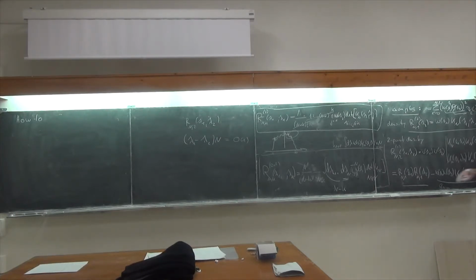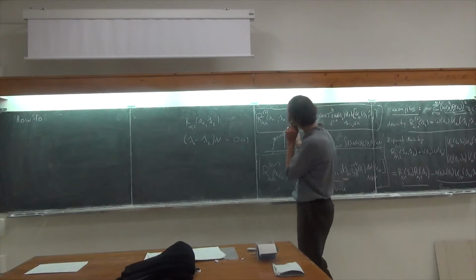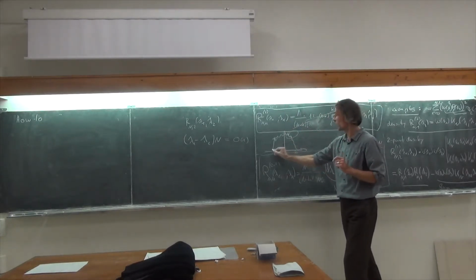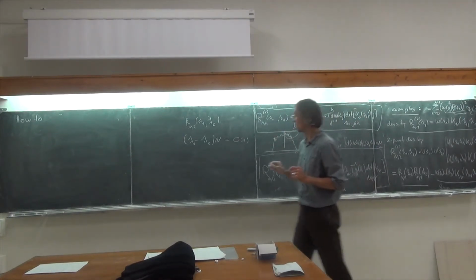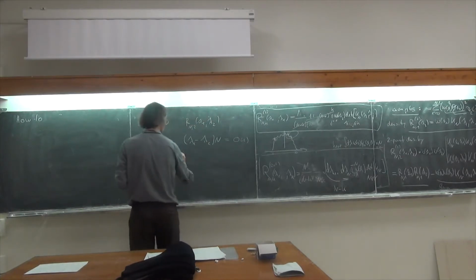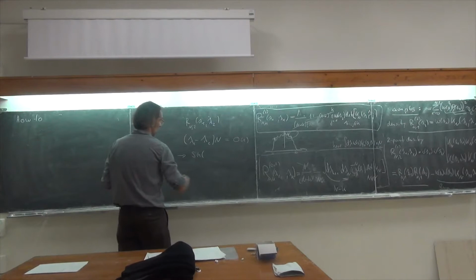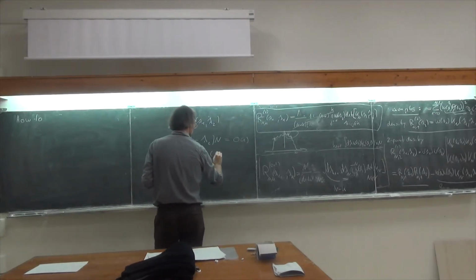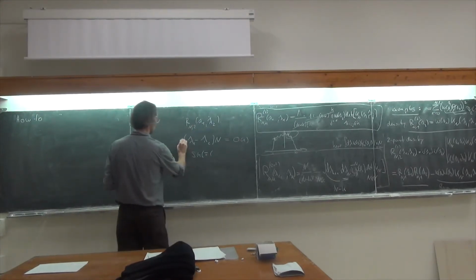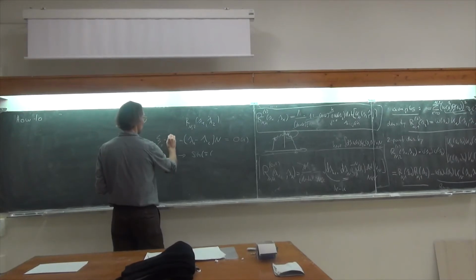And what comes out if you pick the points to be in what is called the bulk of the spectrum, so you stay away from the edges, then the famous result is that this will go to what is called the sine kernel. Now here's a constant that is not very important, so let's call this here psi 1 and psi 2.